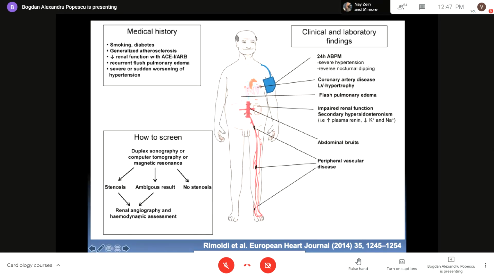And if you find a stenosis, you will wish to confirm it with renal angiography and see whether it is significant, or it's clearly there is no stenosis, or if the result is ambiguous, you may also think you need renal angiography to sort it out.